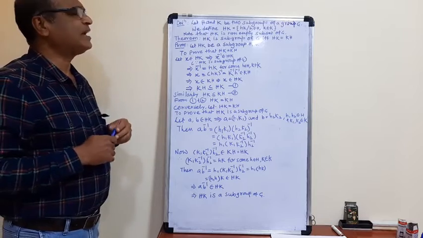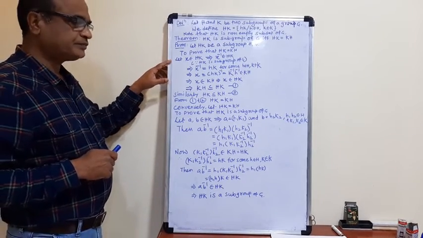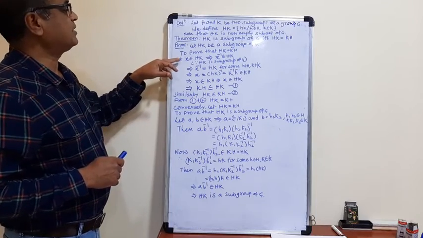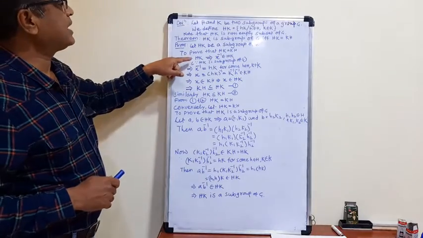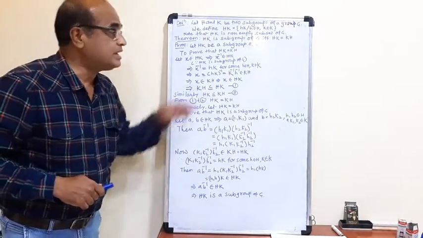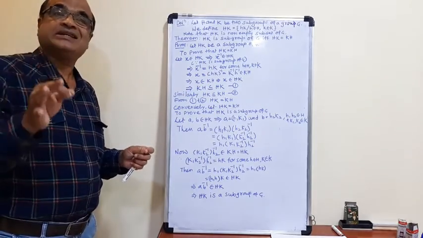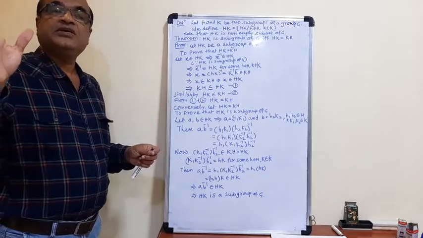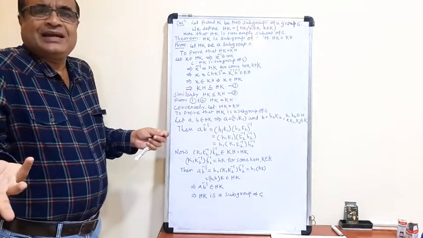Let HK be a subgroup of G. Let x be an element of HK. Then x inverse is also an element of HK, since HK is a subgroup of G, HK is also a group, and by the inverse property the inverse element exists.